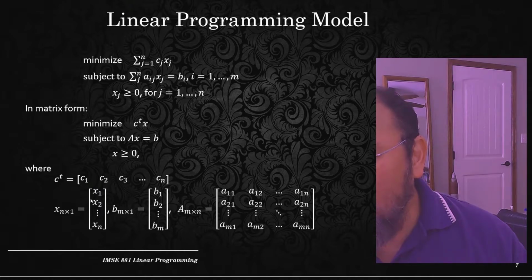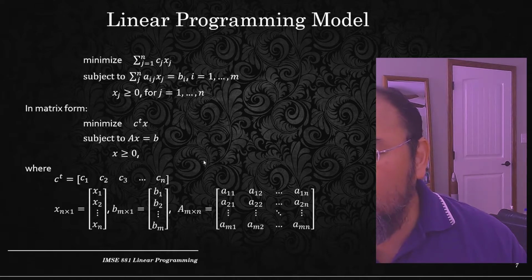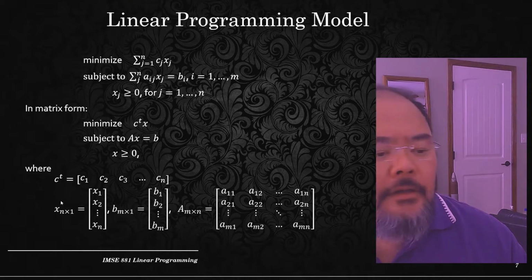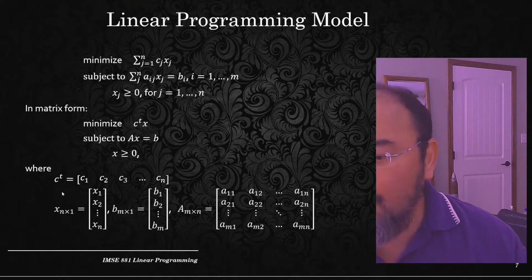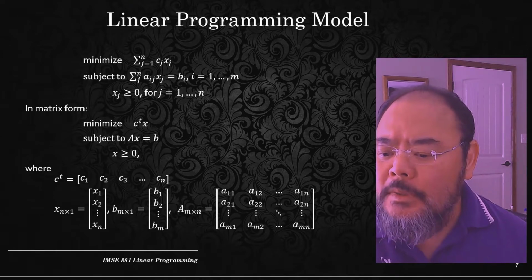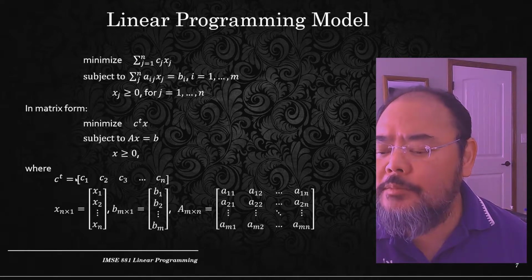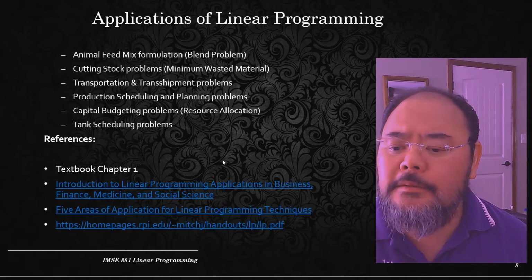X is an n by 1 column vector, and b is an m by 1 column vector. The A matrix is an m by n matrix. So throughout the semester, if we are not specifying, all vectors are column vectors by default. Okay, they are all column vectors by default. So you can see that C transpose will be a row vector in this case.